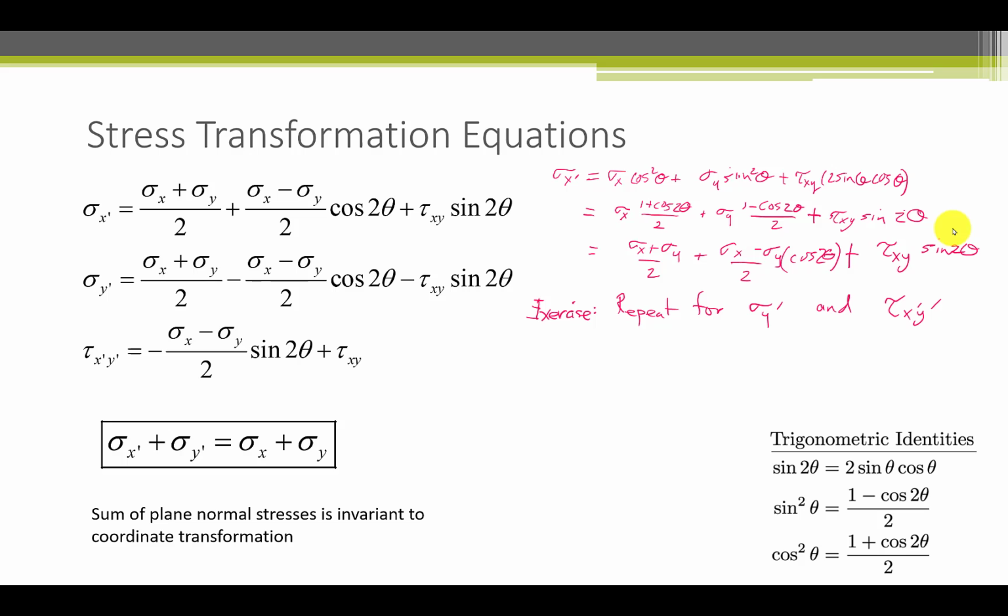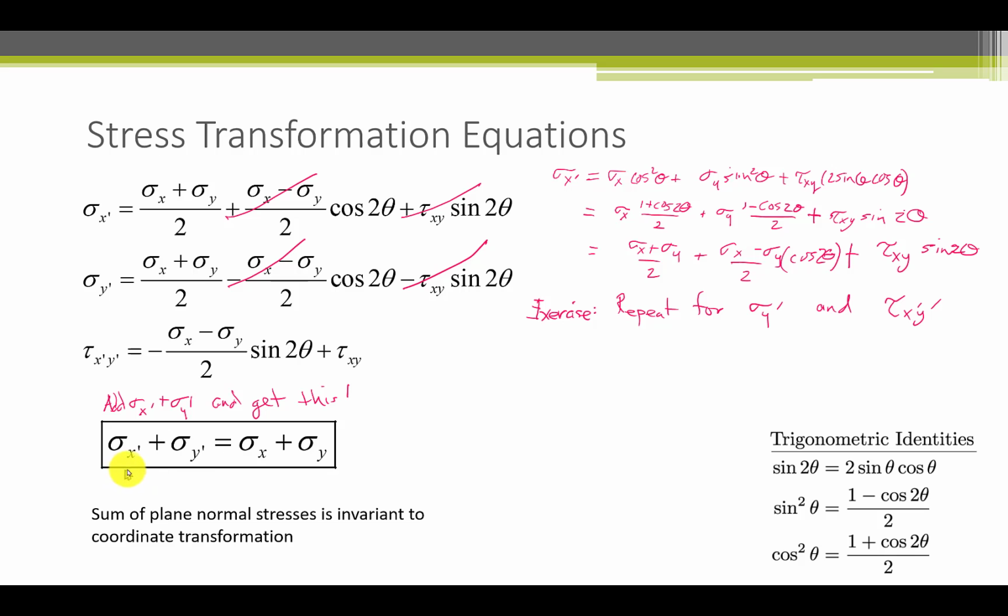A good exercise for you is to repeat these exercises for sigma y prime and tau x prime y prime. When you do sigma y prime, you have to rotate the plane and take the slice pi over 4 further, which is in the counterclockwise direction. Notice that if we add the normal stresses, sigma x prime plus sigma y prime, these terms drop out. They cancel each other.